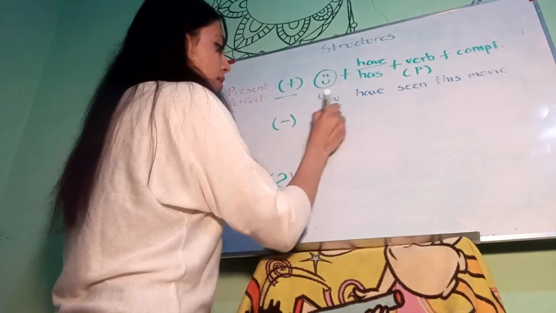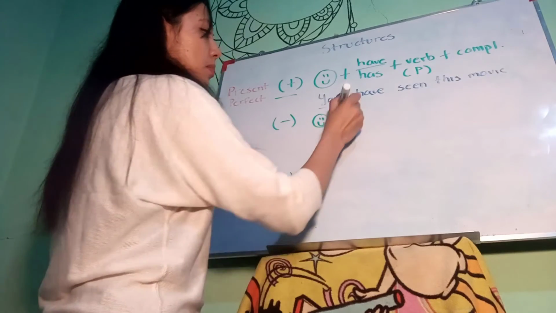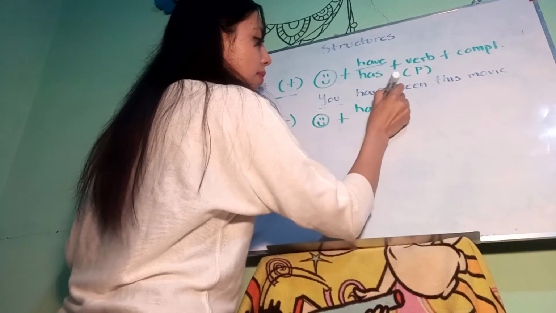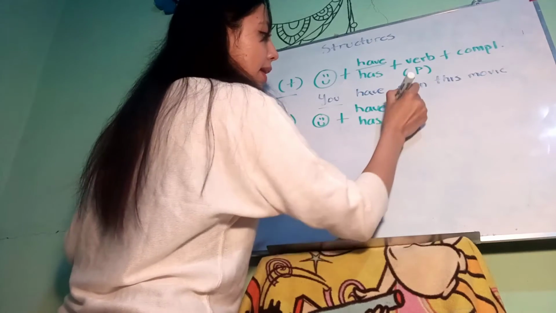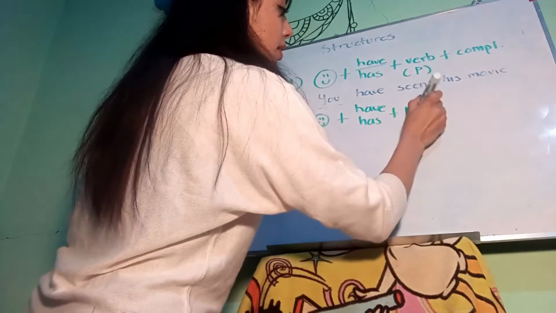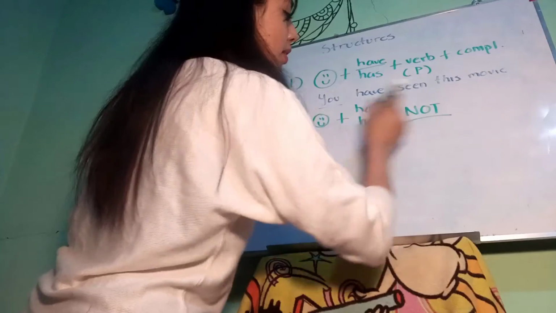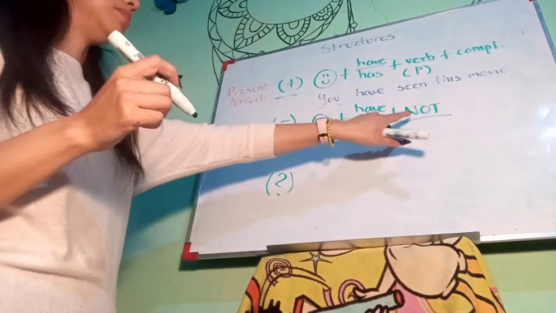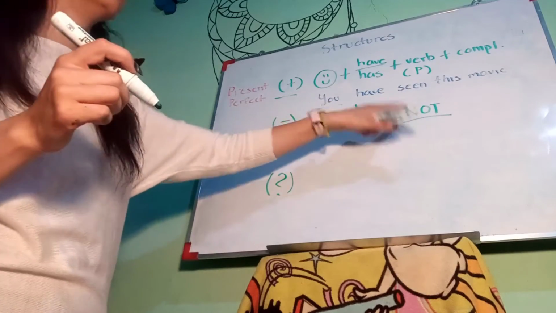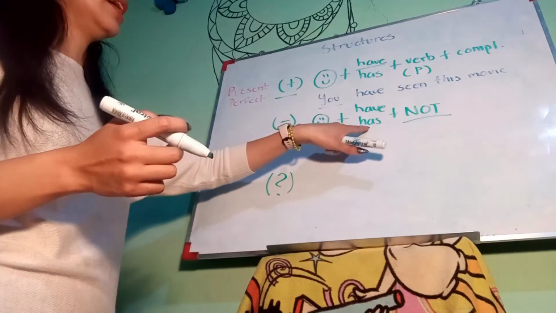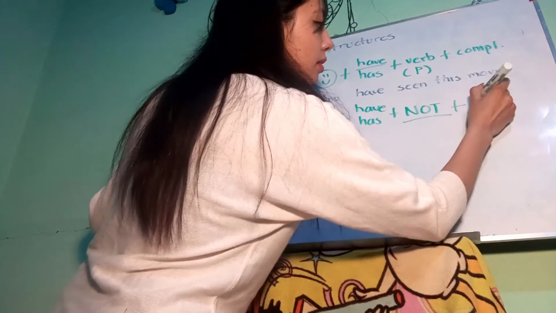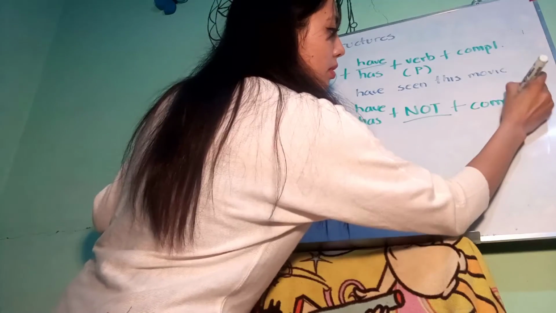I need again a subject plus my auxiliary, have or has, and my negative form, not. I have not, or she has not, and the complement.